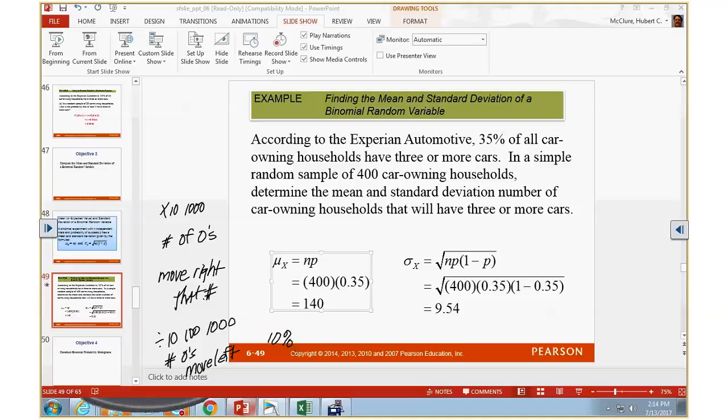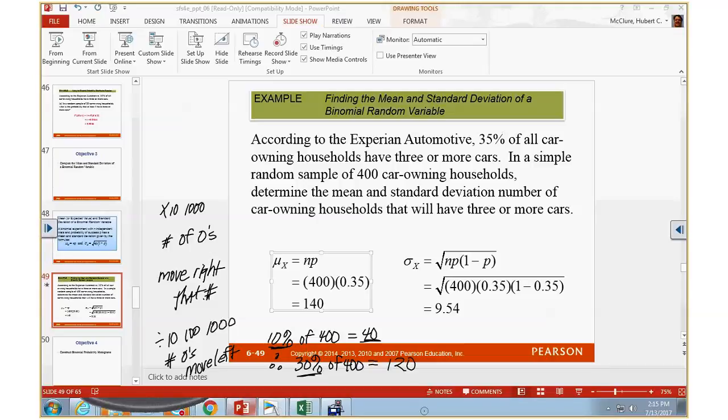40. 10% of 400 is 40. How do you know that? Because you move the decimal place one place to the left. Okay? Therefore, 30% of 400: if 10% is 40, what's 30%? 120.